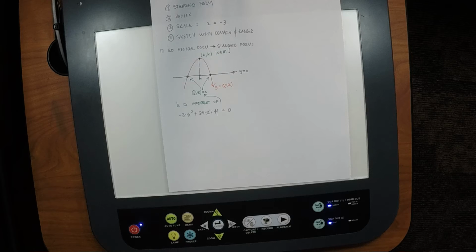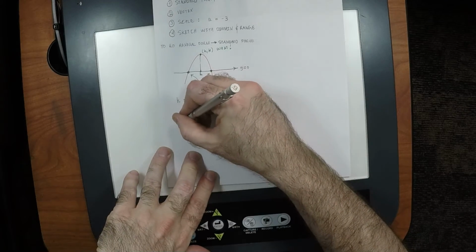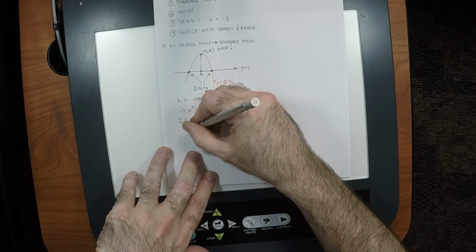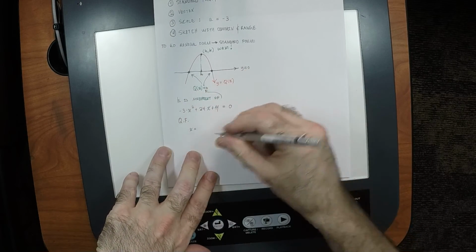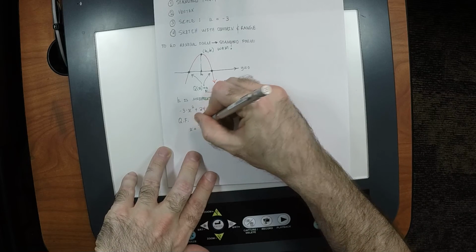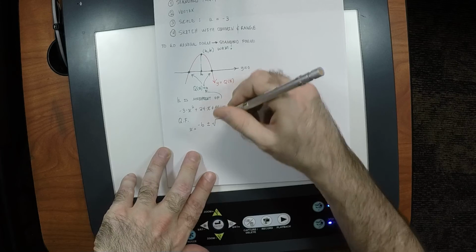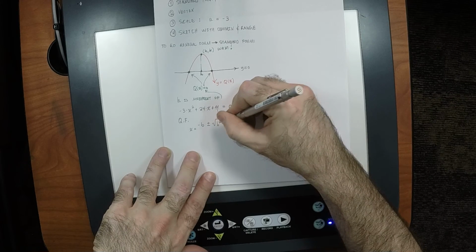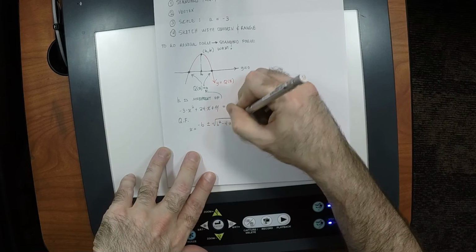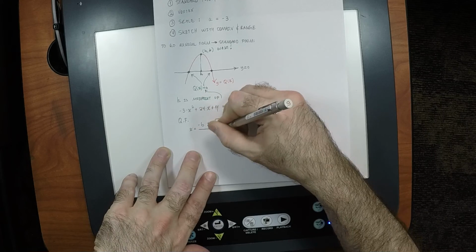If only we had some kind of formula to deal with that. Oh, but we do, right? The quadratic formula, in terms of letters a, b, and c, is negative b plus or minus the square root of b squared minus 4ac, over 2a.